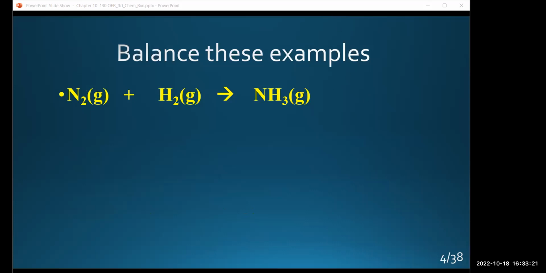Now let's take a look at these reactions, and here it could be given in words, saying that nitrogen in the presence of hydrogen reacts to form ammonia, NH3. Everybody's in the gas phase. Now they're asking you here to balance these.